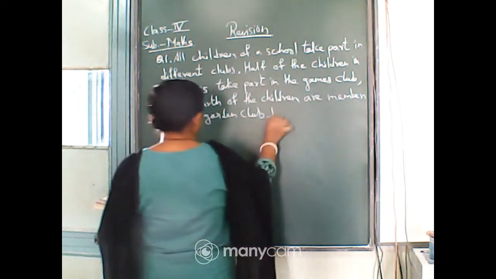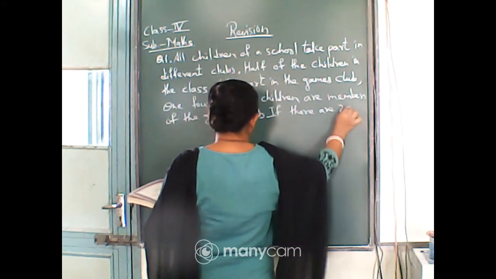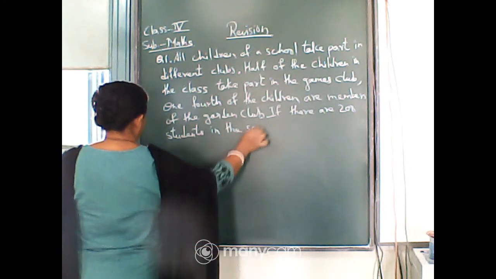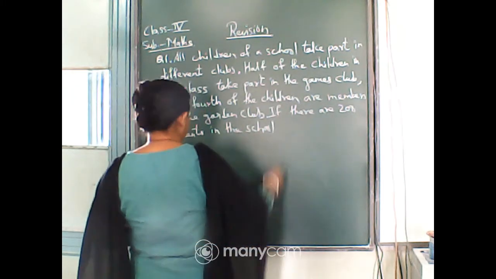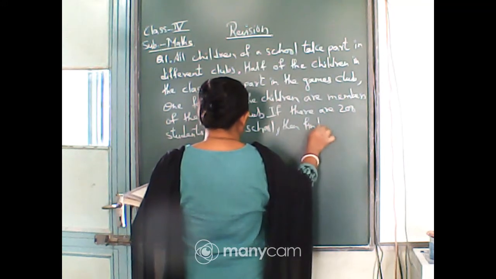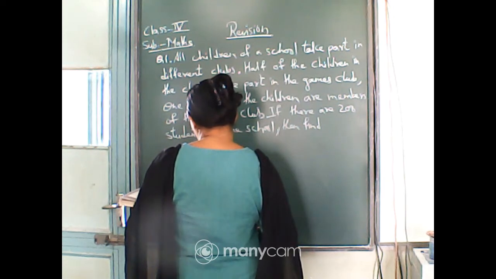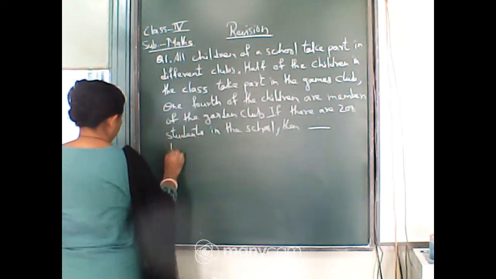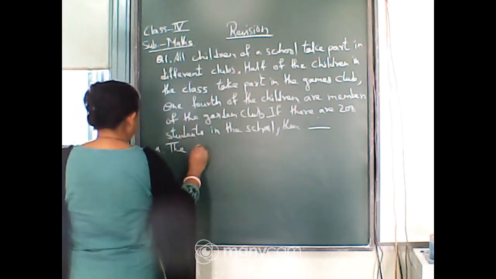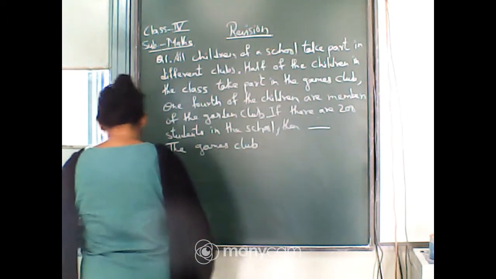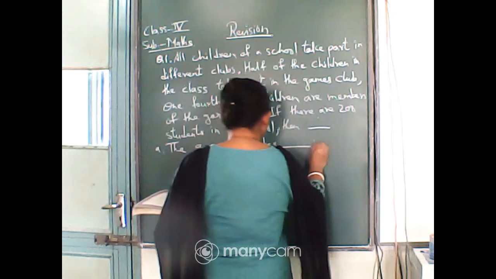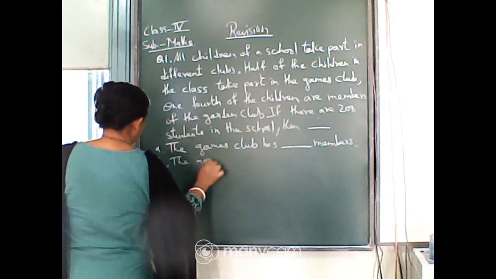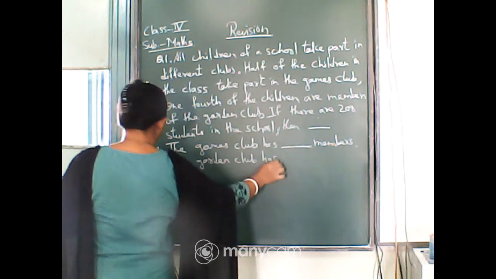If there are 200 students in the school, then find: number 1, the games club has dash members, and second, the garden club has dash members.